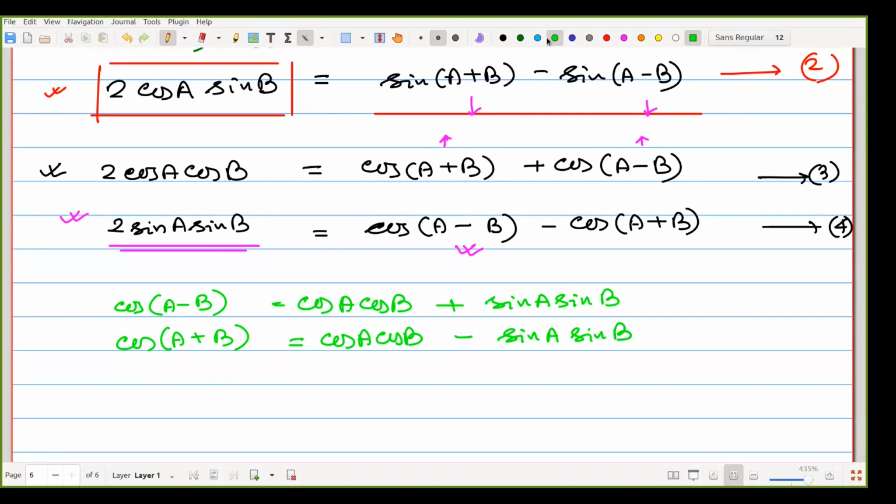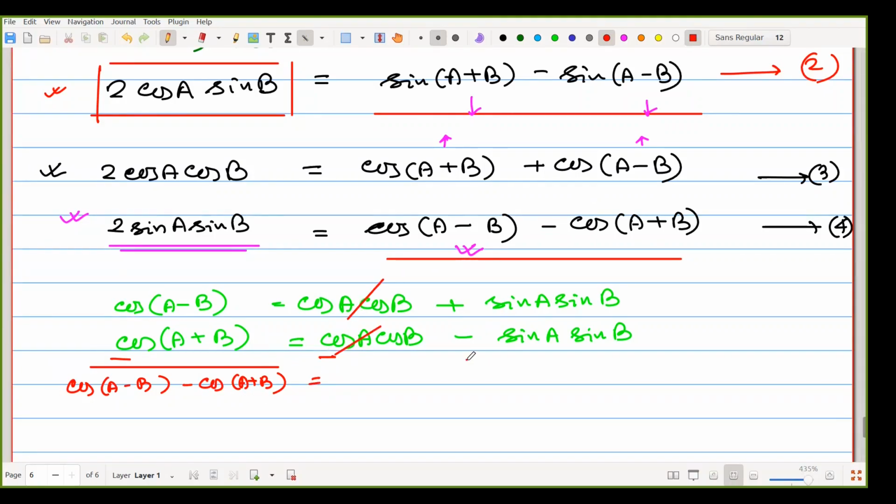So if we subtract it, cos(A−B) minus cos(A+B), that is now 2 sin A sin B. That is why, when it is 2 sin A sin B, it is cos(A−B) at first, then subtracted with the cosine of the addition of the two angles.